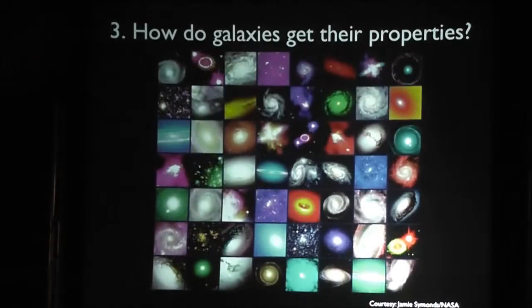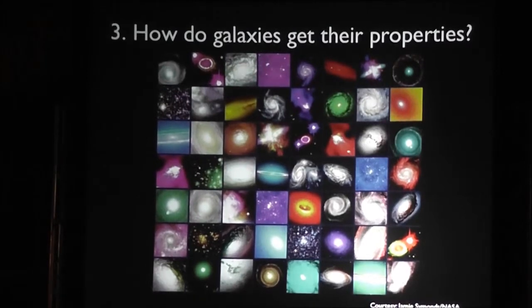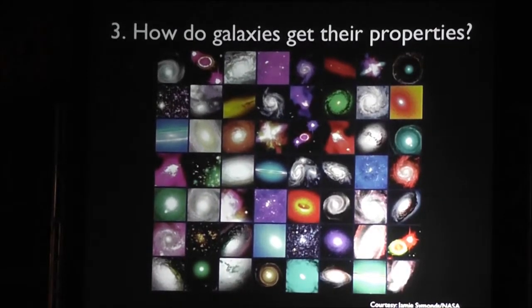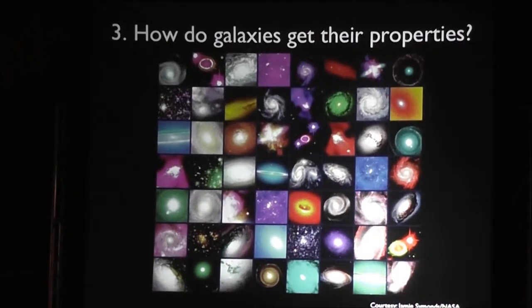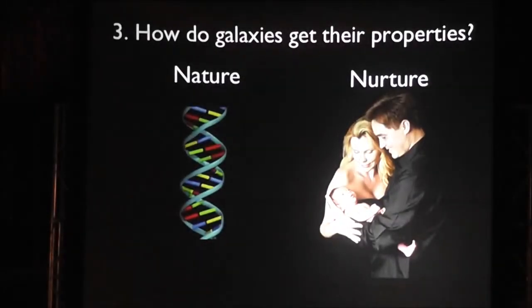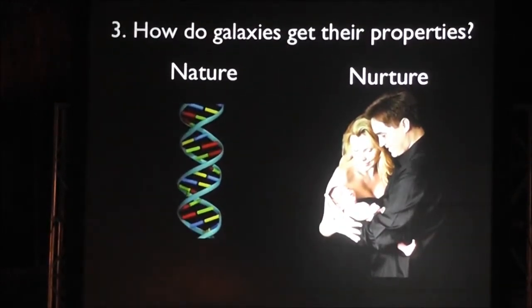Okay, the third question of cosmogony is how do galaxies get their wonderful diverse properties? This is just a selection of different kinds of galaxies. Some of them are forming new stars, and some of them are elliptical galaxies that are not forming stars anymore. And you can argue about, just like children, whether they get their properties from nature or nurture.